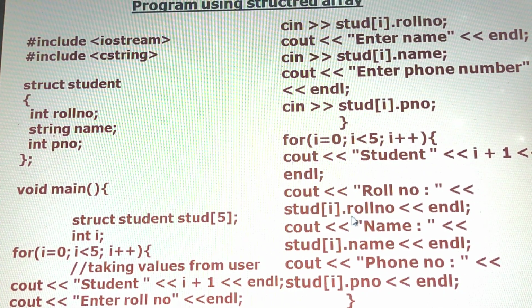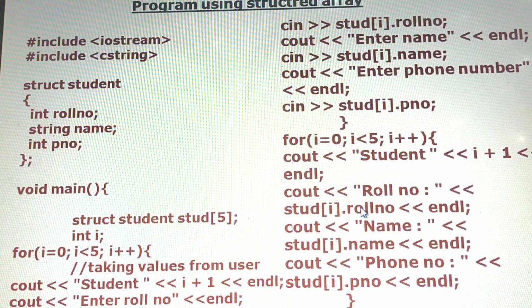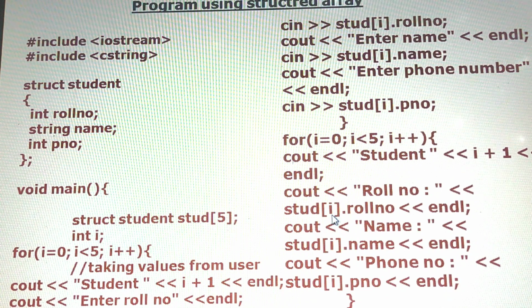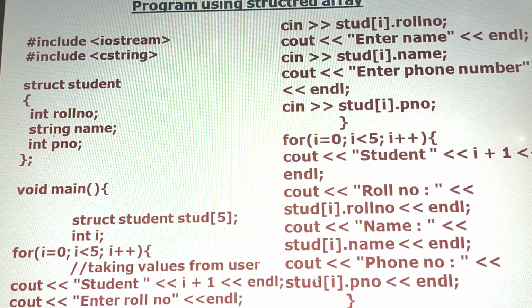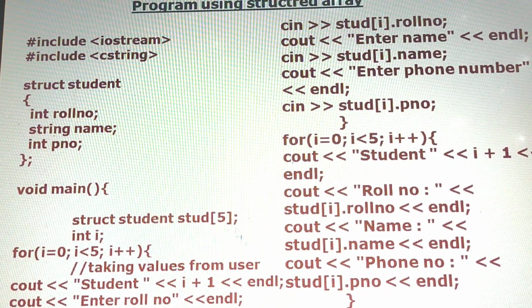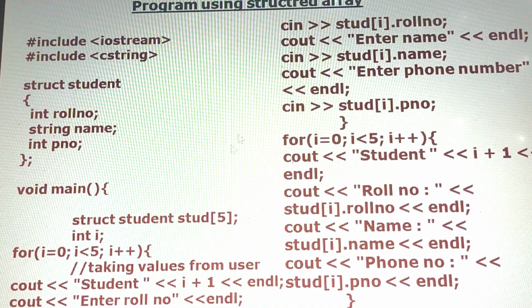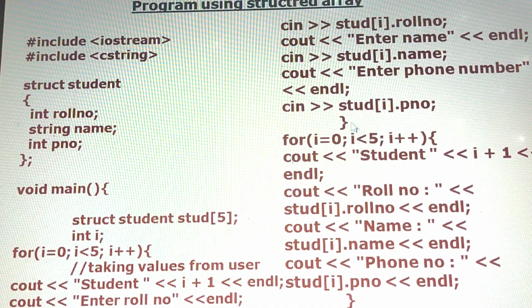Give the structure member with the array object of the structure. When the value of i is 0, first student's details. The value of i becomes 1, second student. The value of i becomes 2, third, then 4, 5, and that will repeat. In such a way we can store and display a large number of student information using array of structure.